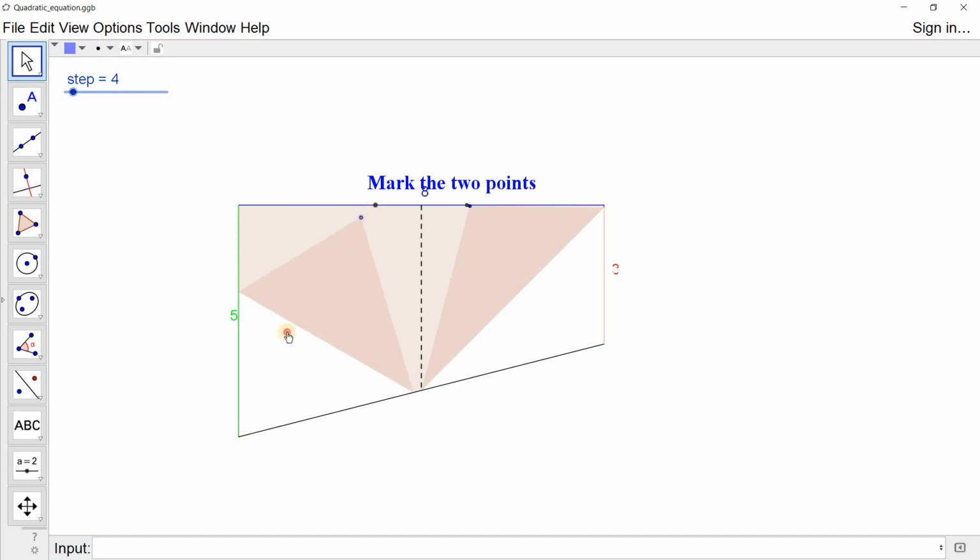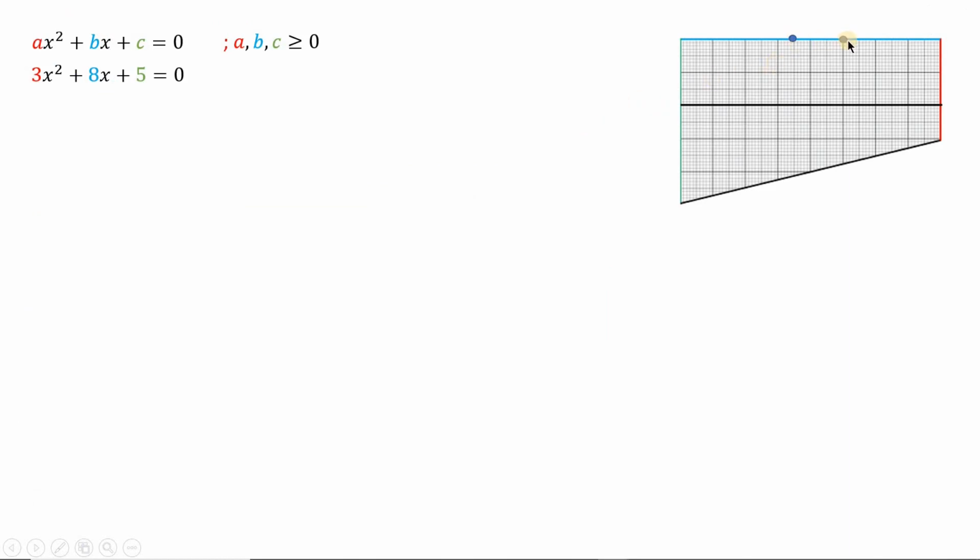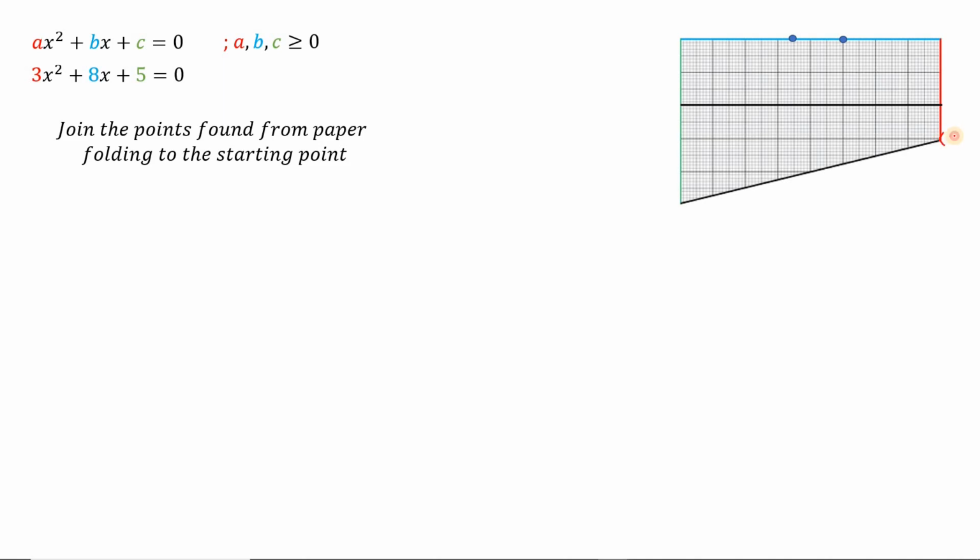Now let's unfold the paper again. So these are the 2 points that we got after folding the paper. Now we join these 2 points to the starting point. So this is the starting point. Join the first line and join the second line like this. Now measure the 2 distances and they will give the result.